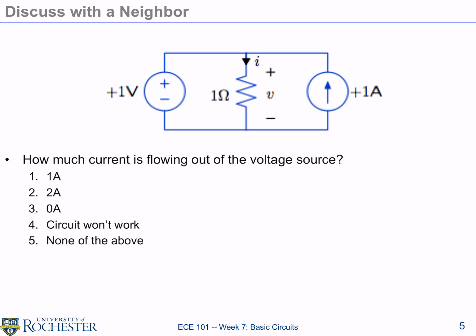If I'm connecting a battery to a device, that battery must be supplying current. That's how we get energy. So there's no way this 1 volt battery is going to have a 0 current flow, because that doesn't work. It's not that it doesn't work, it's that it's not something that we've seen a lot. It's merely unfamiliar. And in this particular case, that's exactly what the voltage source is going to supply, 0 amps.